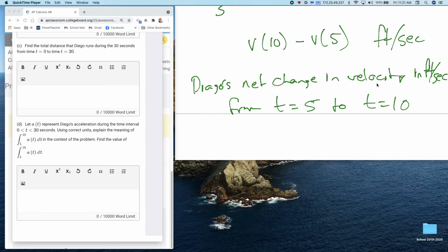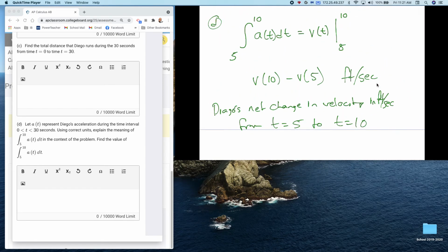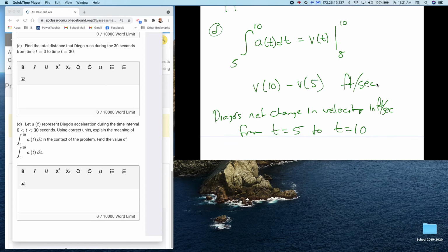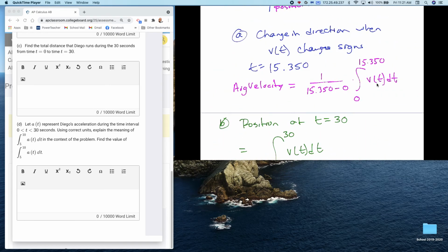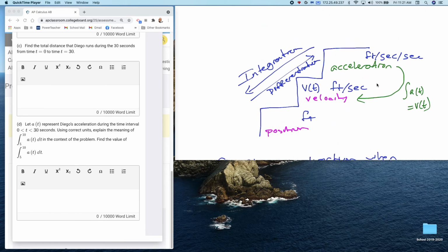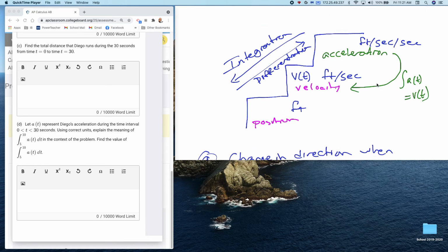A lot of this you're just doing on the calculator, but I noticed a lot of you really struggled with it. I'm going to encourage you, when you have a position, velocity, acceleration type problem, to immediately write something up like this or at least think about it and get the idea of what we are given, where we are being asked to go, and what's being done, and then this will hopefully give you a roadmap of where to go. If you have further questions, just let me know.